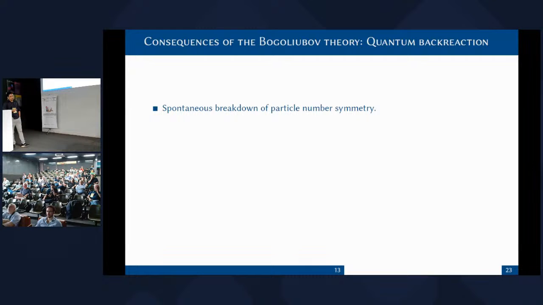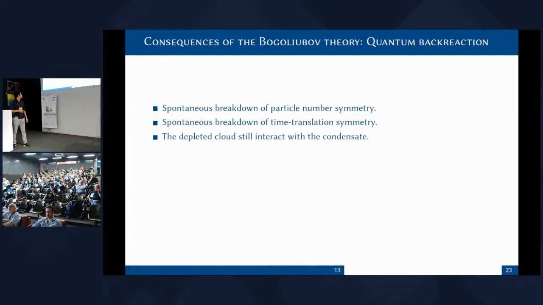So let's talk about quantum back reaction finally. We do have the spontaneous breakdown of number conservation symmetry. We do have the spontaneous breakdown of time translation symmetry, because if the condensate is ceasing to exist in a spontaneous manner, it is hard for you to actually identify in which part of the process the condensate is.